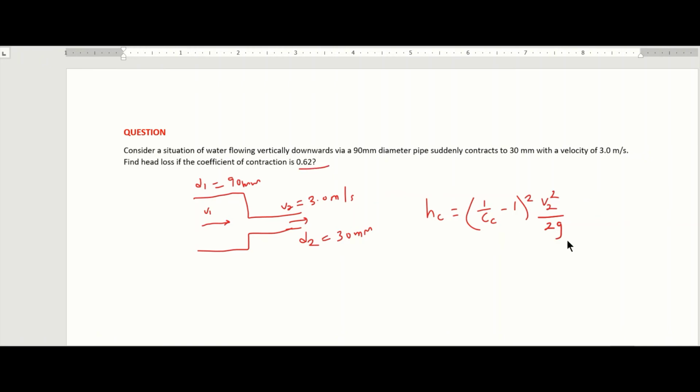So we have to log in the data. My head loss due to contraction is (1 over CC, 0.62, minus 1) squared times my V2, 3.0 squared, over 2 times G. My G is 9.81.